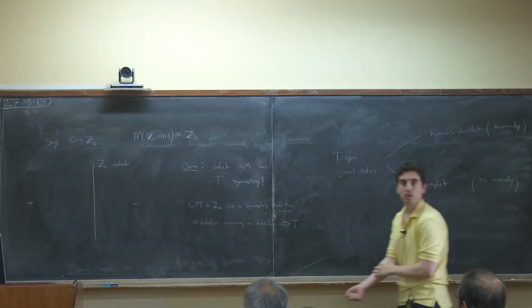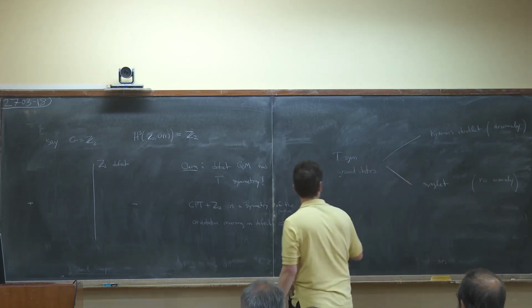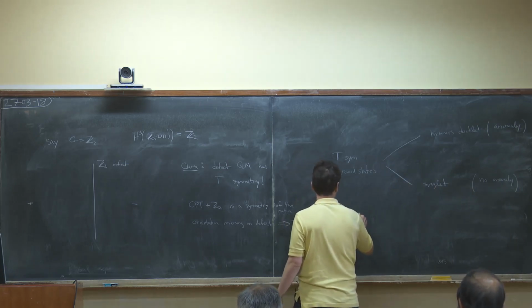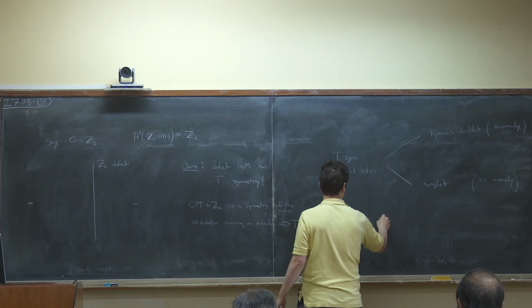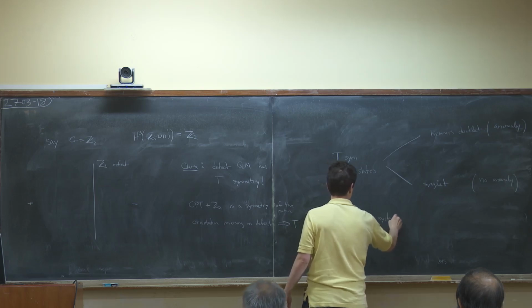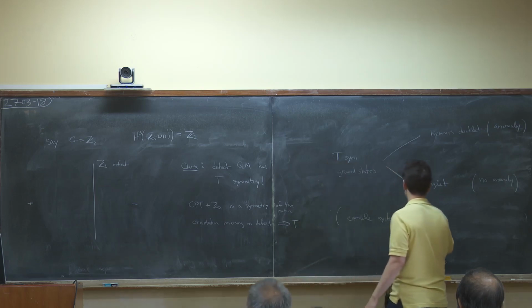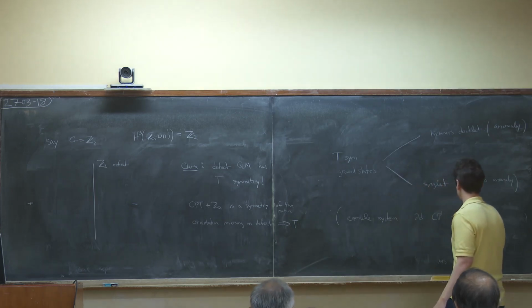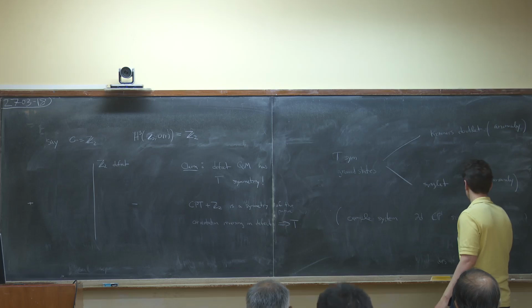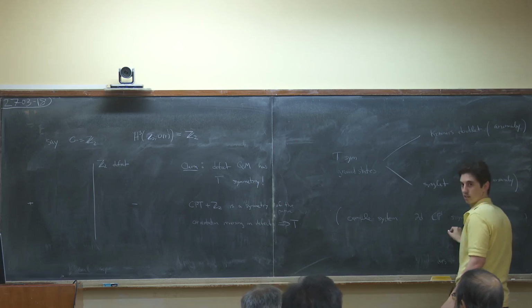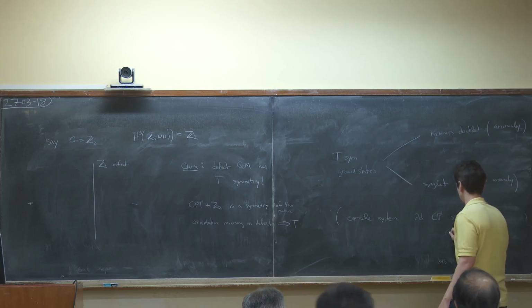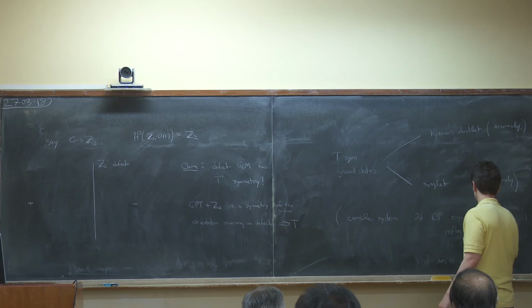Okay. We're out of time, but I'll just flash for you that an example system is the 2D CP1 sigma model with the reflection symmetry on the sphere.